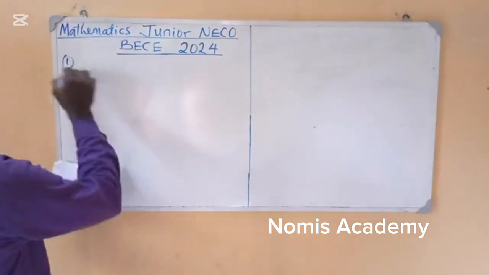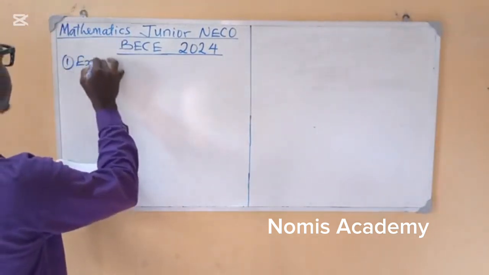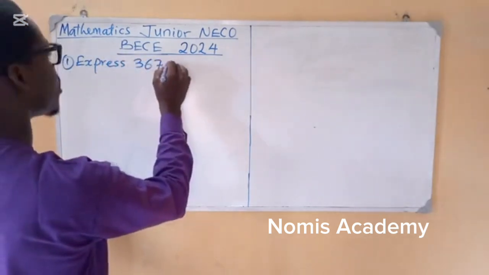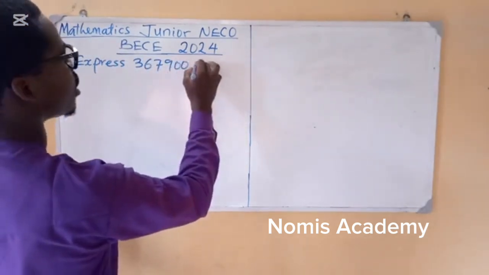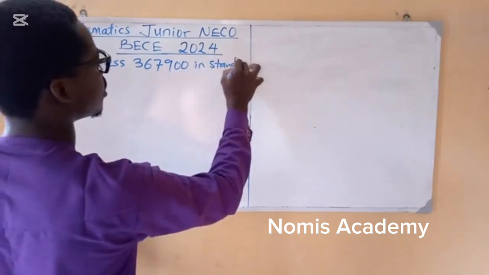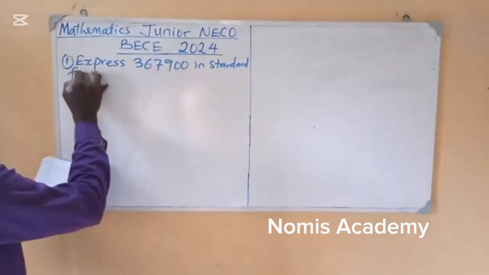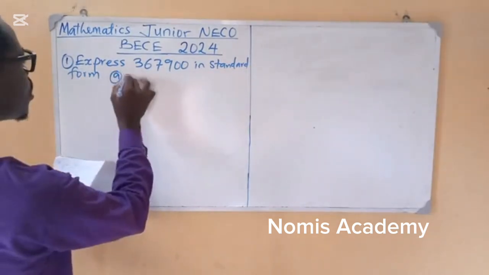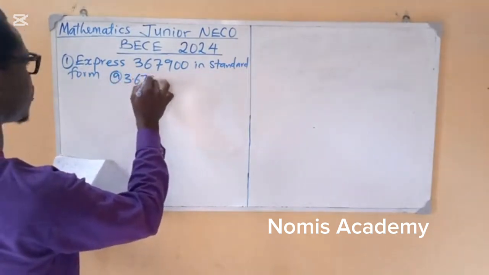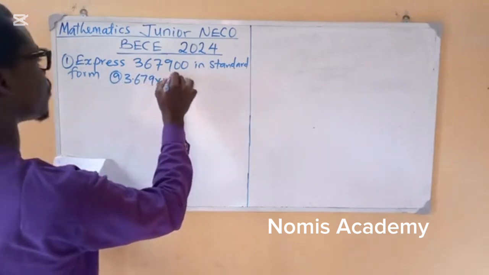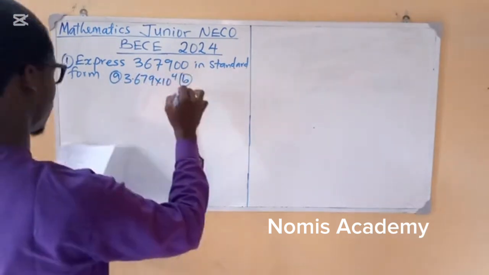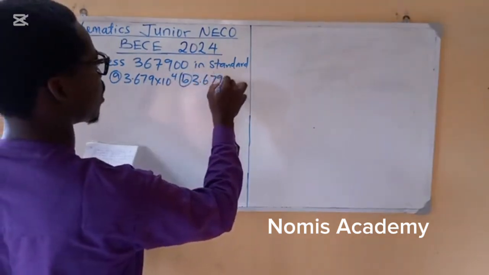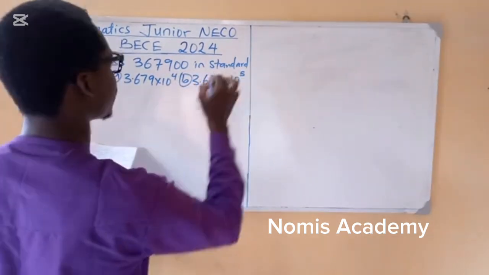Number one, it says express 367900 in standard form. And then we have options: A, 3.679 times 10 raised to the power of 4. B, 3.679 times 10 raised to the power of 5.